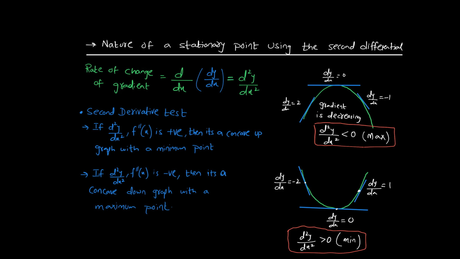Now a maximum point: let's say this is a stationary point where the dy by dx value would be 0, right? Before this point, the gradient of the curve is positive. It's an increasing function, the gradient of the curve is positive, and after the stationary value the gradient of the function is negative. So the gradient is decreasing.